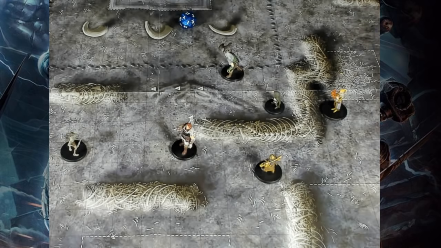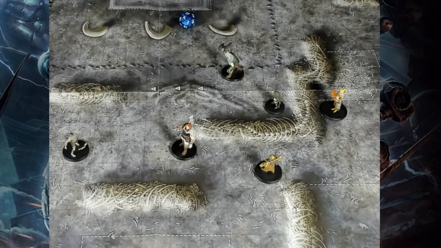At level 1 though, a single zombie, even two zombies, is going to be very, very dangerous. The reason is that low level characters can't dish out enough damage to really put them down. Once they get to 0, close to dying, and they're using their Undead Fortitude, because of the way that Undead Fortitude has been set up, low level characters usually don't pump out an awful lot of damage.